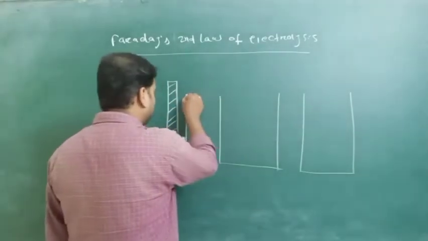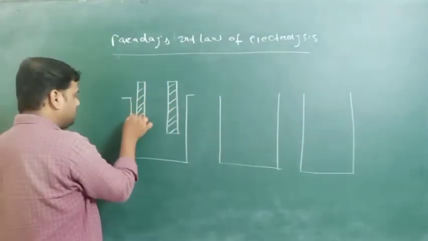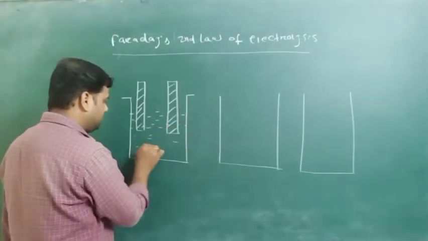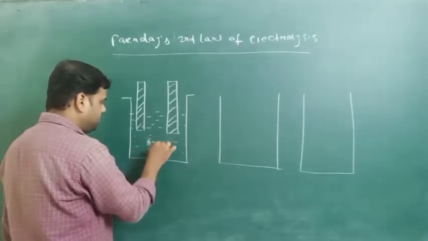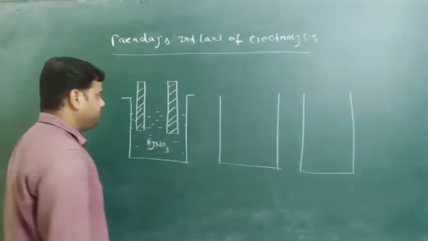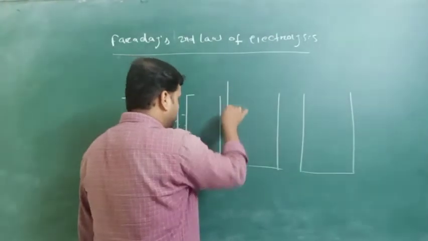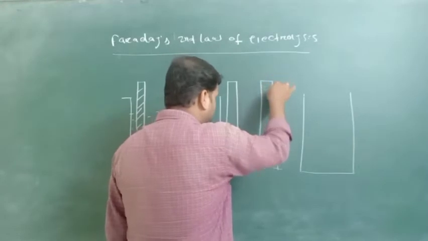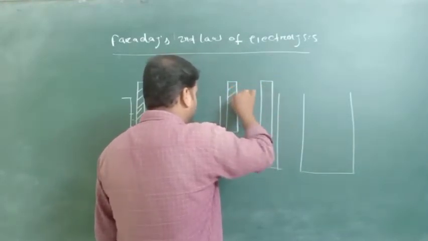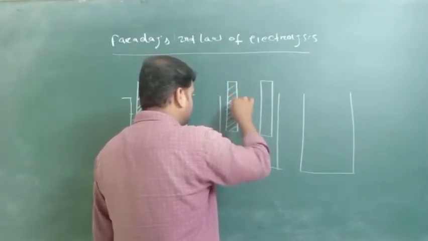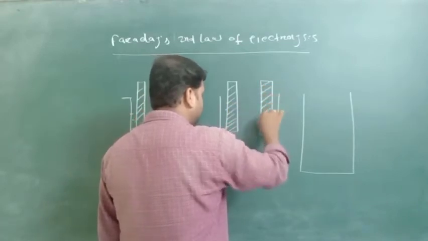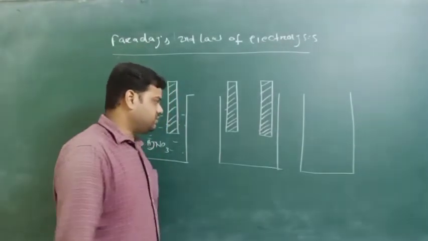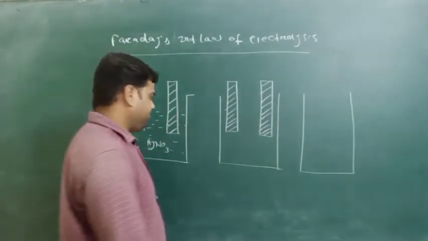Suppose it is AgNO3, silver nitrate solution. We know that this one is the anode and this one is the cathode, and the oxidation process is carried out at the anode and the reduction process at the cathode.